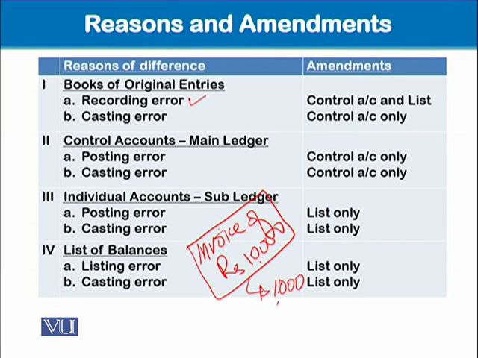Because of this error, what will happen? This will affect the individual ledger account, because of which the list is giving the wrong total, because the list is prepared with the final balances of the individual ledger accounts. So ultimately the list will give the wrong total.